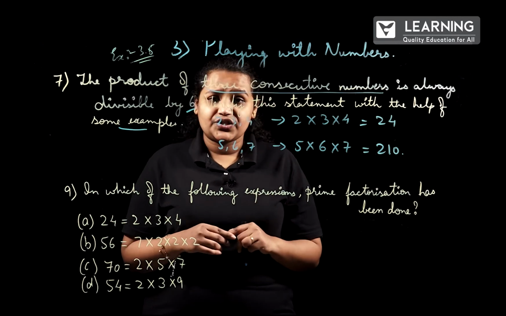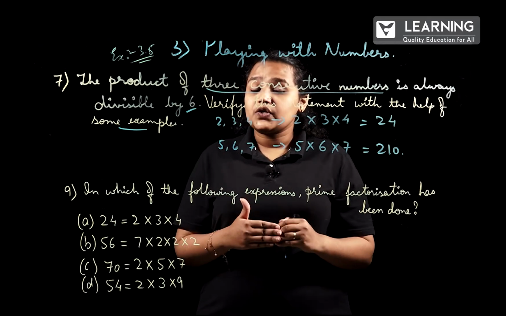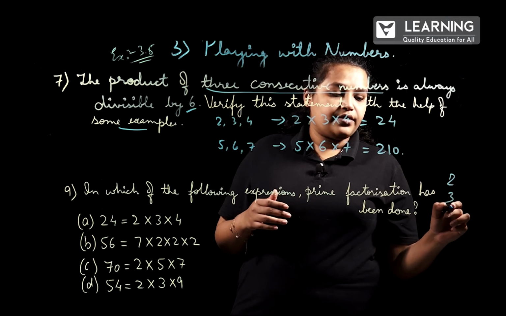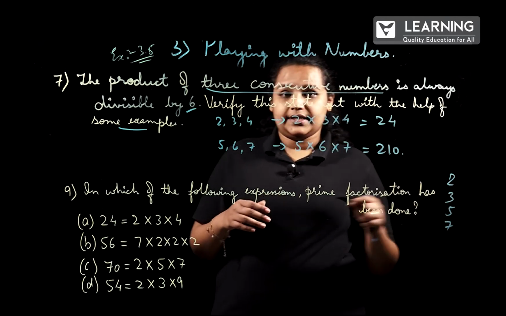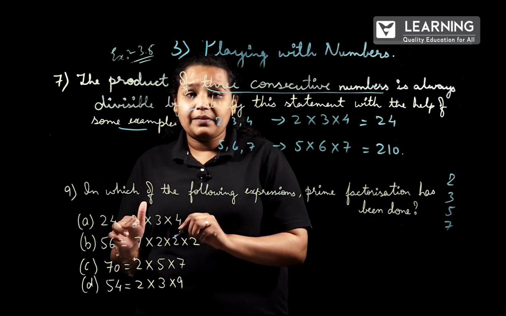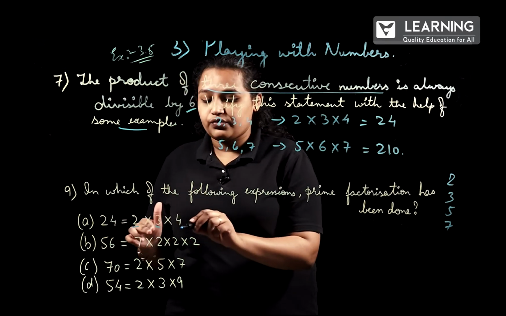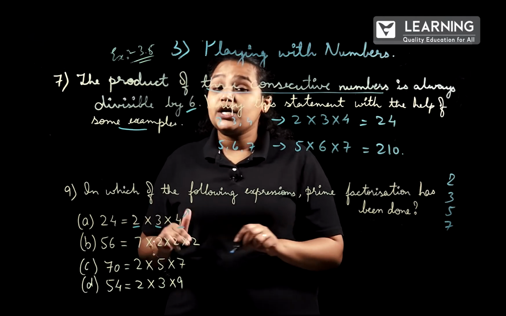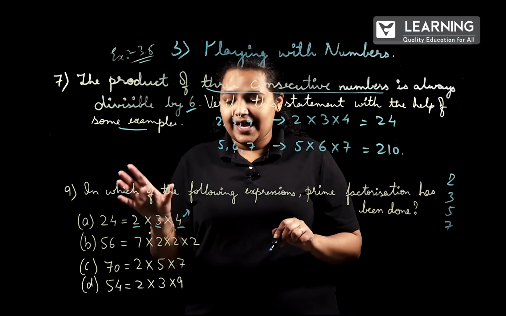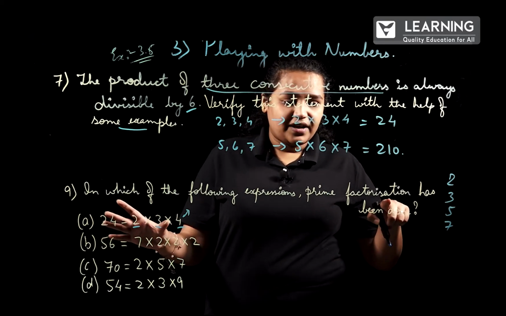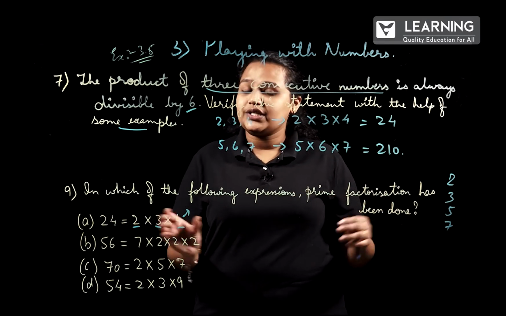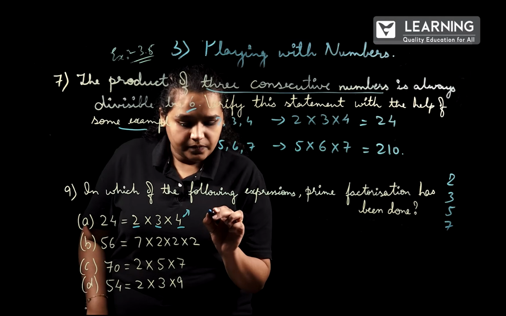In prime factorization, at the end, we'll be left with prime numbers, that is 2, 3, 5, 7, etc. So, here 2 is a prime number, 3 is a prime number, but 4 is not a prime number, it is composite. So, we can easily say that by looking at 4, this expression is not prime factorization.